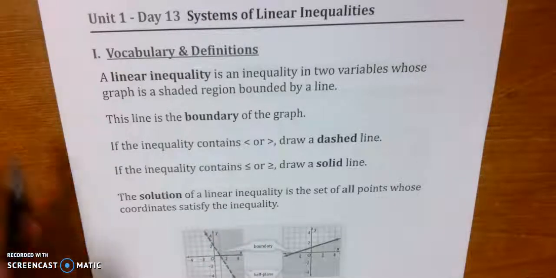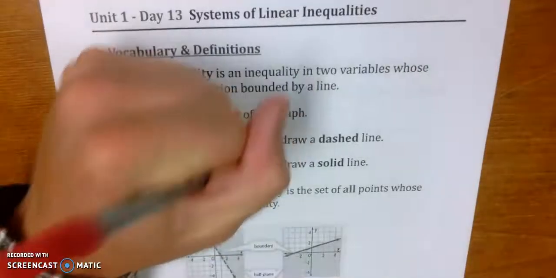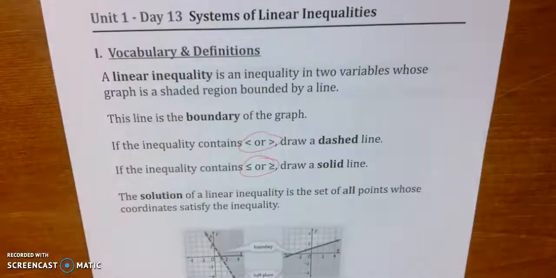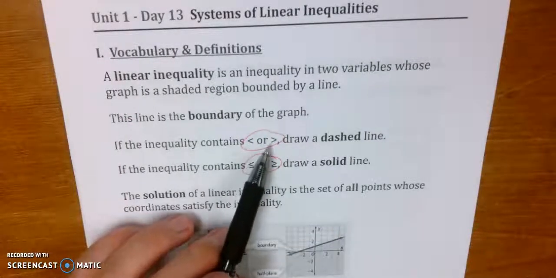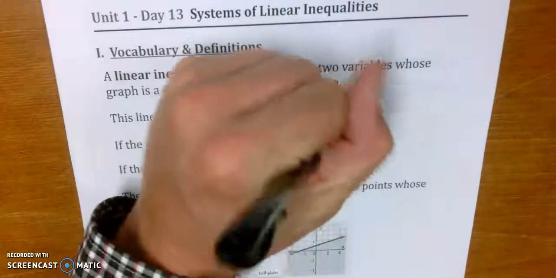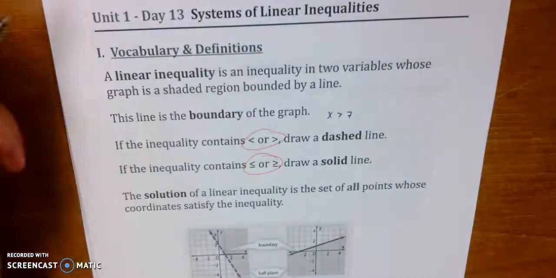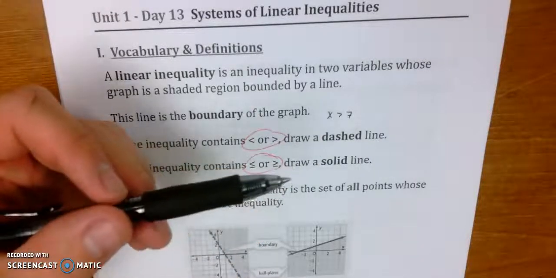So, the big things to keep in mind when it comes to linear inequalities are the symbols being used. Now, just like one variable inequalities, if it is a strictly less than or strictly greater than, the given number is not included. So for instance, if I said x is greater than 7, the number 7 would not be valid there because 7 is not greater than itself.